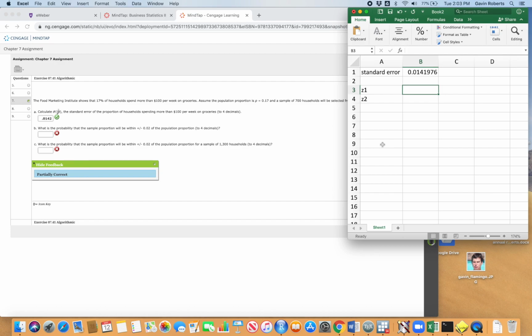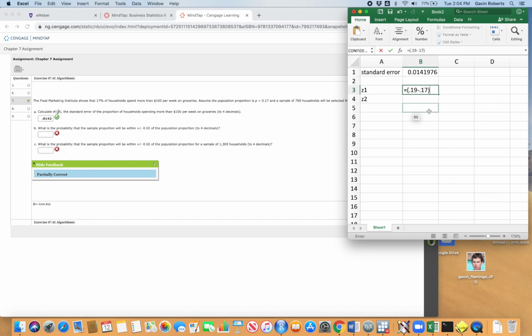So Z1 is going to be the Z-score for, let's do the plus 0.02. Well, 0.17 plus 0.02 is 0.19. That equals 0.19, the P bar for the upper Z, minus 0.17.